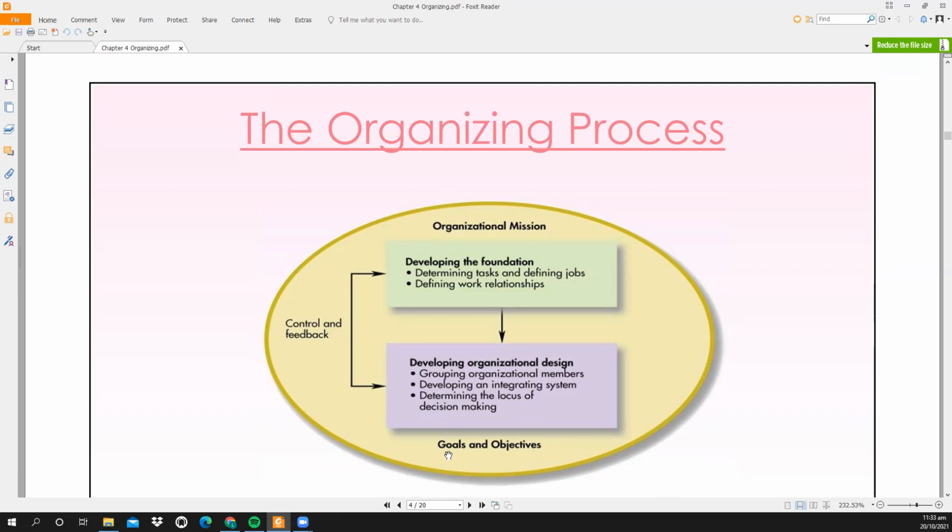The mission is the short-term goal, which is what I should do now. Then for the goals and objectives: developing organizational design, grouping organizational members, developing an integrating system, determining the locus or the focus of decision making.